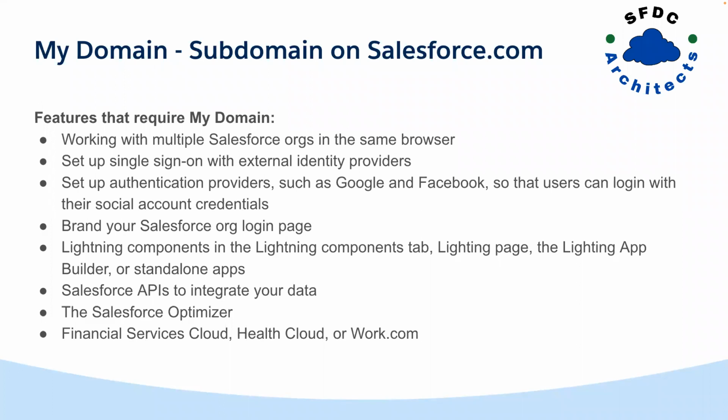If you want to brand your login page, again, it's required. Everything around Lightning, which I actually didn't know, and again, I'm learning so much as I'm going through the certification, Lightning components require my domain name. I had no idea. And if you want to integrate to APIs, you need my domain name, like we already talked about Optimizer. The documentation that I looked at only listed these 3 clouds, but I have a feeling it's every cloud out there. So all the industry clouds probably also require it.